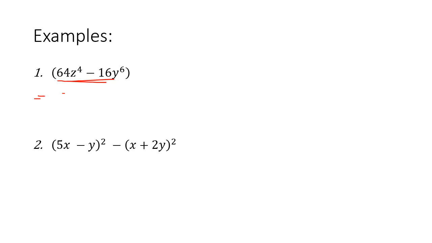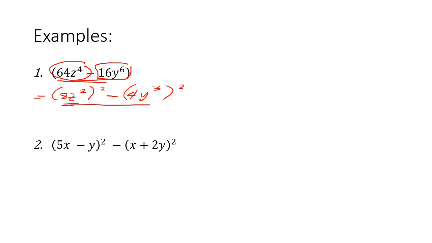If you square 8z to the second power, this is equal to 64z to the fourth. Retain the operation, because it's the difference of two squares. If you want to get the square of 4y raised to 3, the result will be equal to 16y raised to 6.